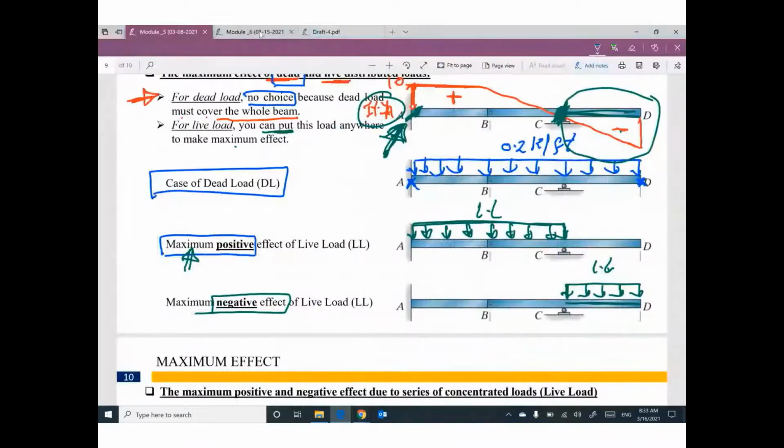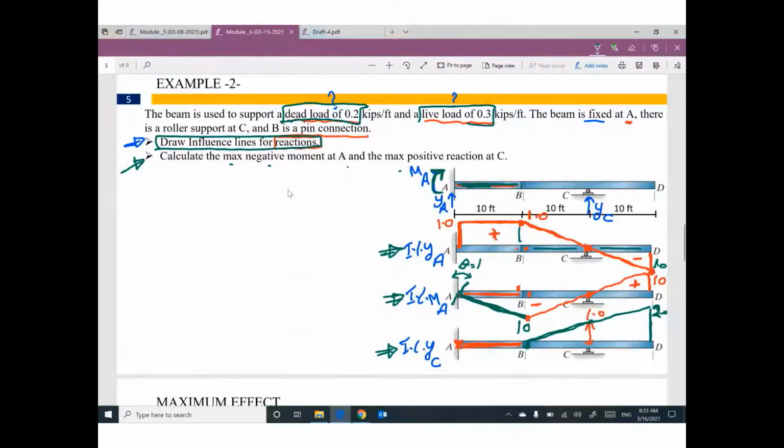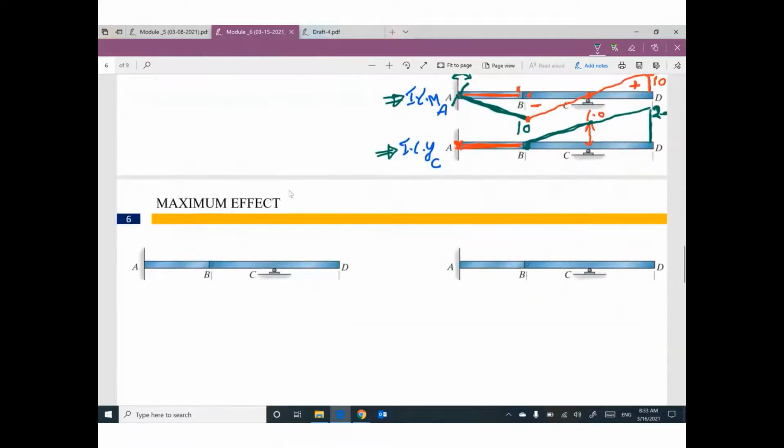Okay, let me go back to our example. We need to get the maximum negative moment at A. Can you remind me what the influence line of MA is? The influence line for MA looks like this, with 10, positive, negative.